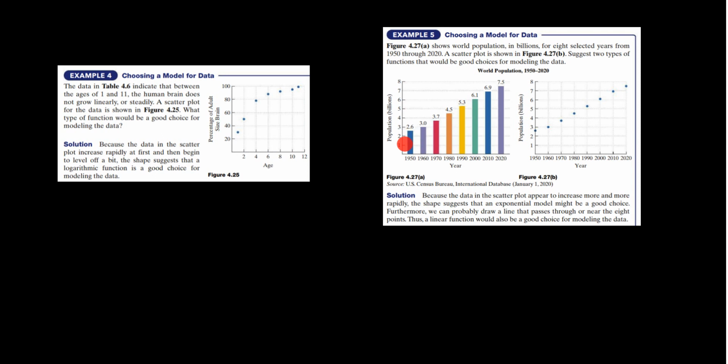We went up 4/10, 7/10, 8/10, 8/10, 8/10, 8/10, and then 6/10. So we're growing a little bit fast, then we straighten out, and then grow fast again. We could use a linear equation or an exponential equation, depending on what we want. But we know that we cannot use a logarithmic equation.